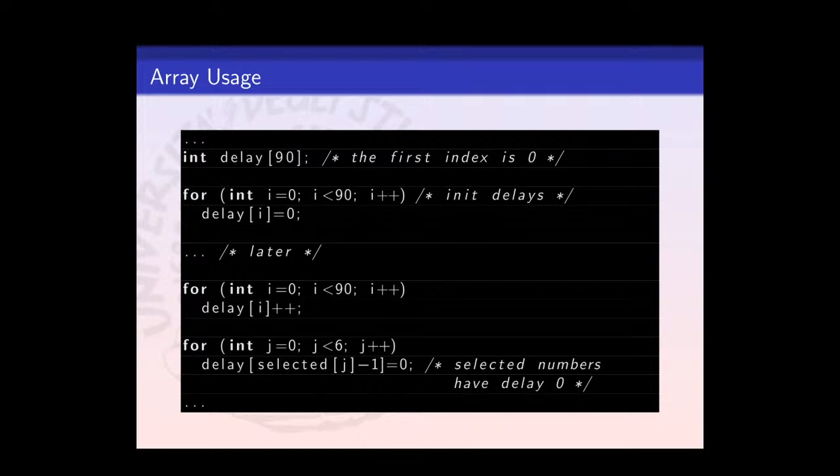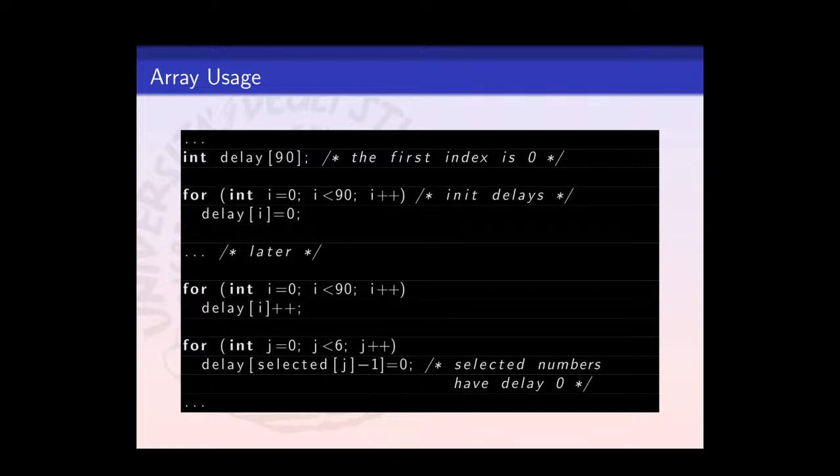The second position will have the delay of number 2, and so on and so forth. Now, remember, the index of the array starts from 0. So the last valid index for the array in this case will be 89.